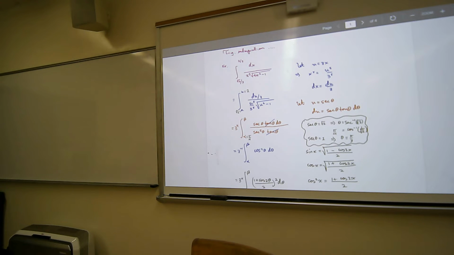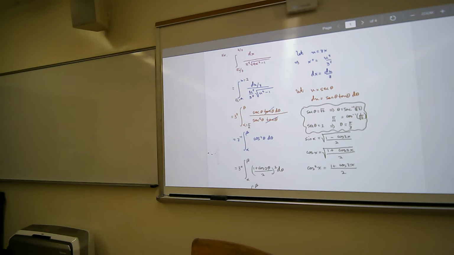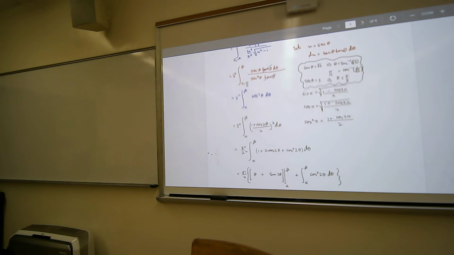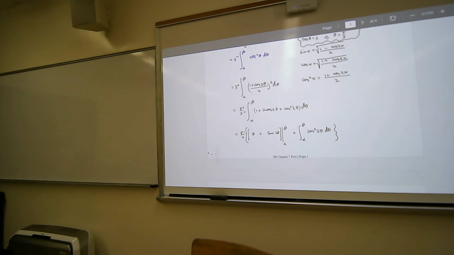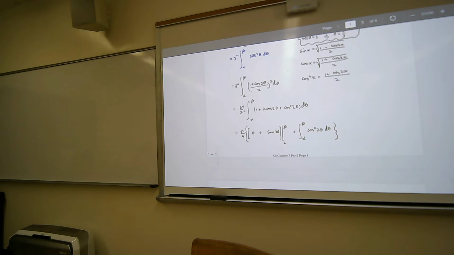Well, how do we do cosine to the fourth? Now you draw on your skills from earlier sections. You write it as cosine squared times cosine squared, and then use the half angle identity. This time it's the correct one, if you guys remember the fun we had last time.